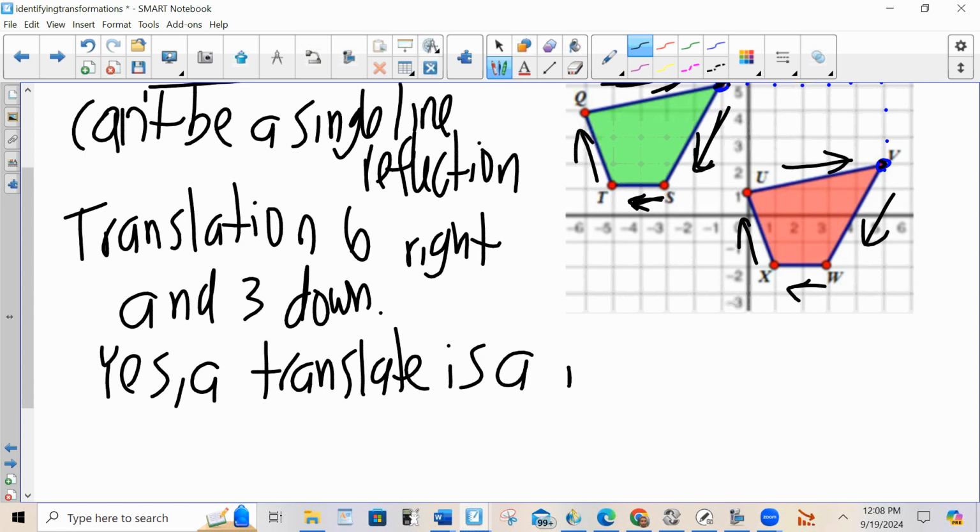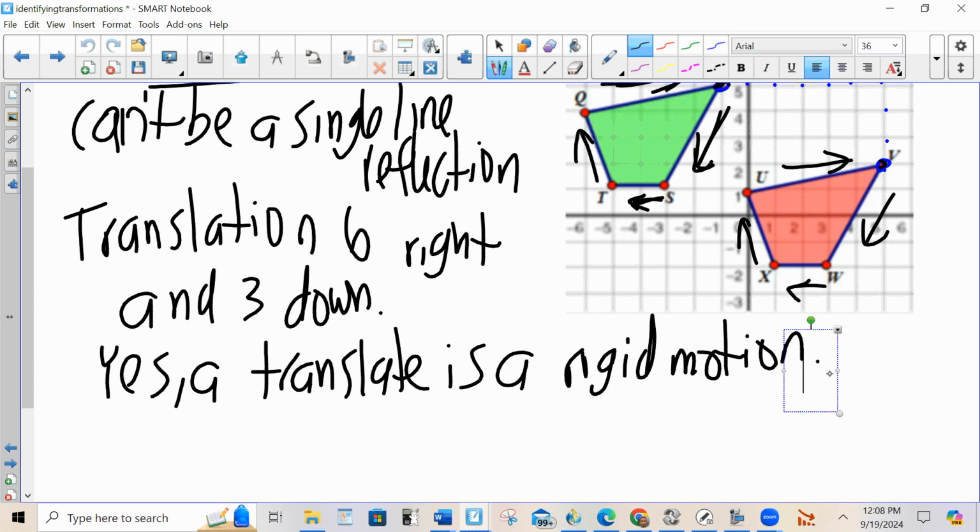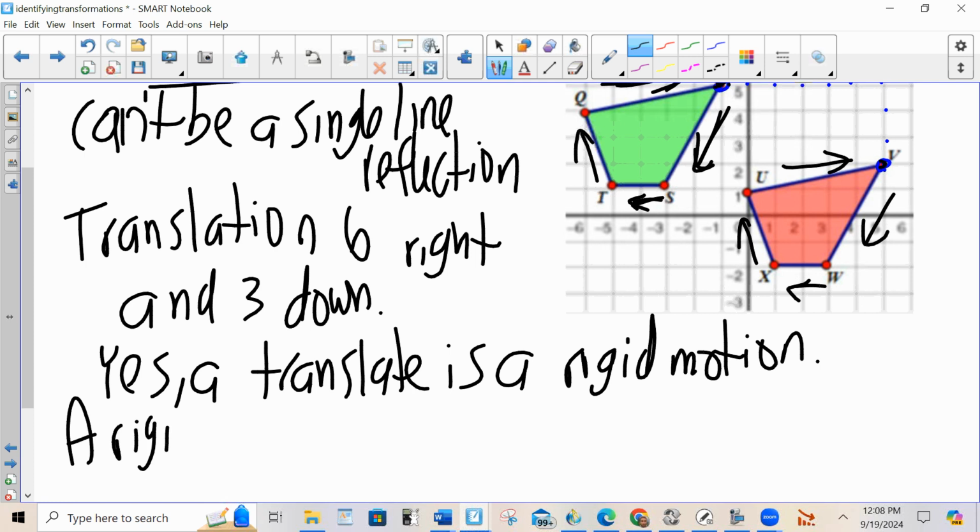So I'm stating that what I did is a rigid motion, and then I state the definition of a rigid motion, which you'll hear in your song in your class, and that is a rigid motion preserves size and angle measure, producing a congruent figure.